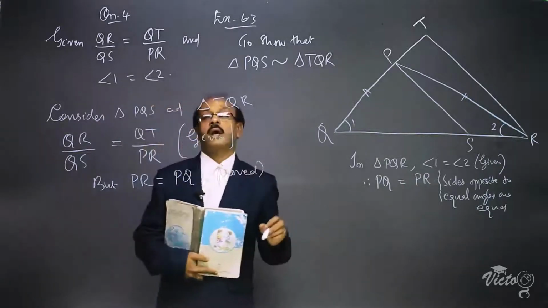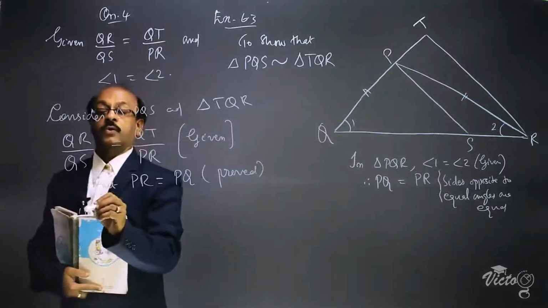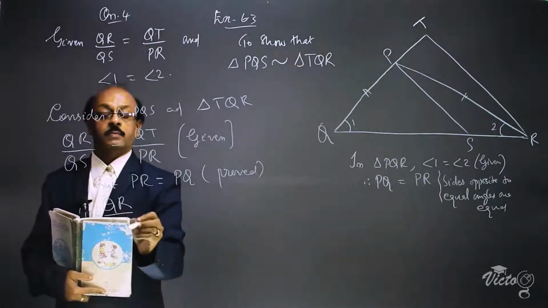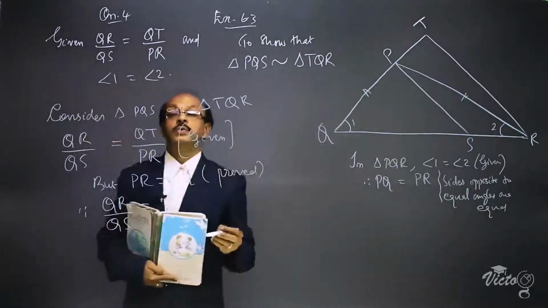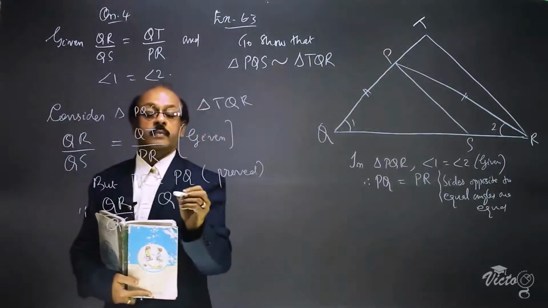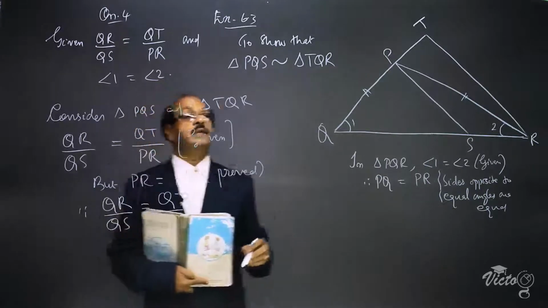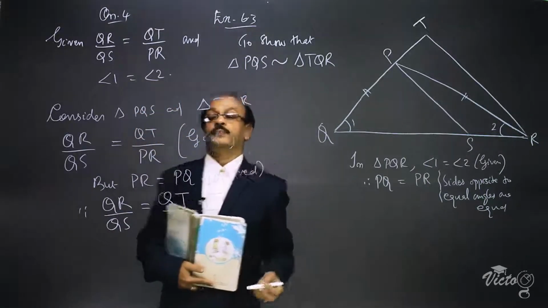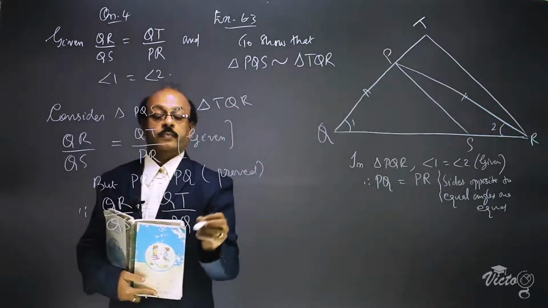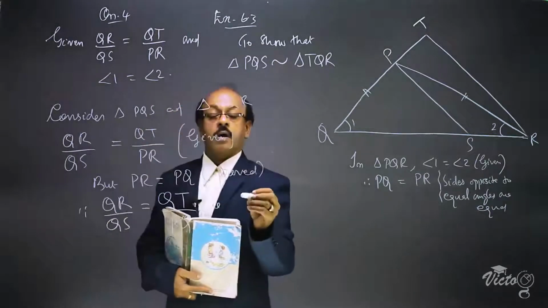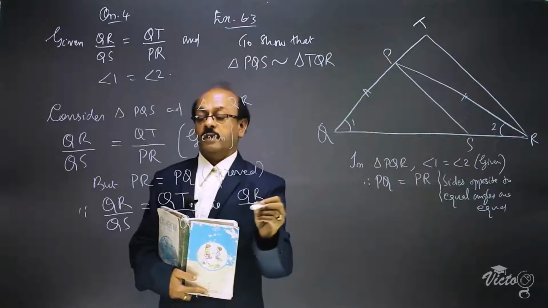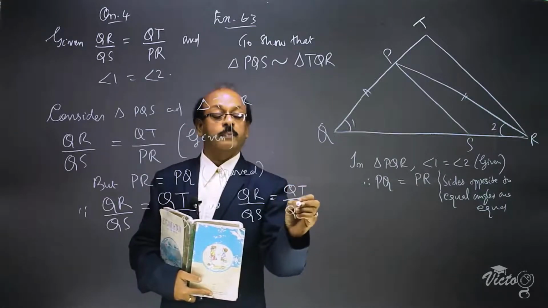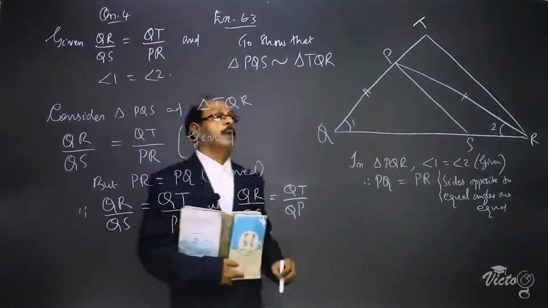So the relation becomes QR by QS is equal to QT divided by, instead of PR, we can write it as PQ, that is QR divided by QS is equal to QT divided by QP.